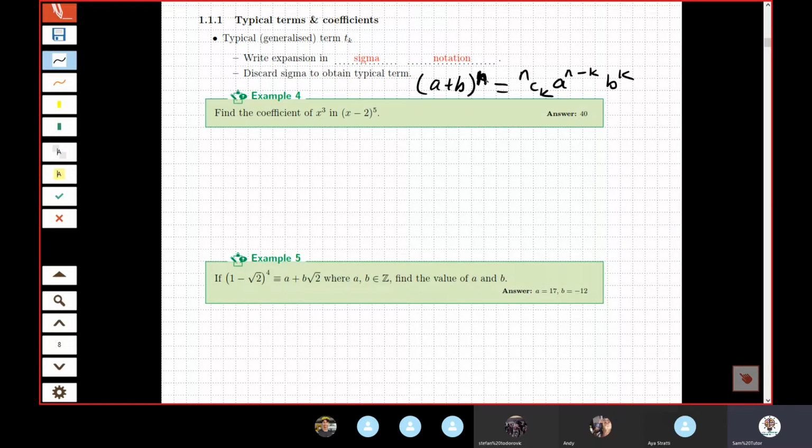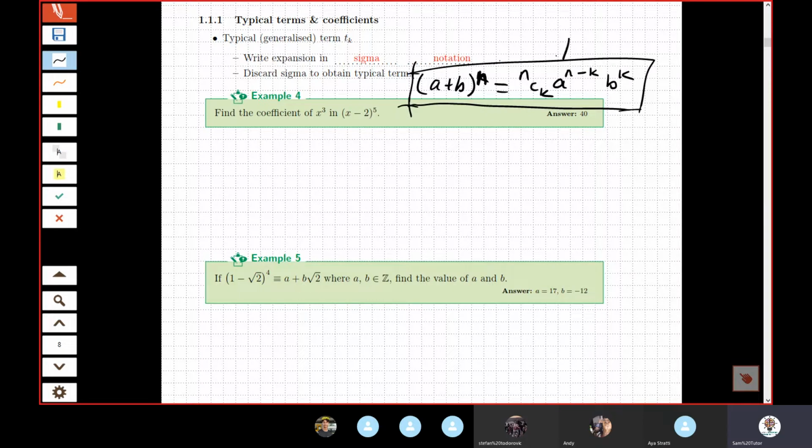You're going whatever the power is, choosing whatever number you want, 0, 1, 2, 3, 4, and then technically you're taking away 1 from that, and then you're increasing by 1 from here. Just so you know, that's a good formula to remember. It will be useful in almost all of binomial.